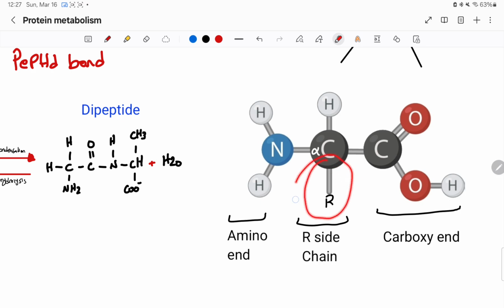And this right here is the only group that is going to differ between all the different types of amino acids that we're going to be talking about. Because it's different between the amino acids, it can determine the structure and the function that the amino acid will have, and in turn the function that the protein will have once we incorporate different kinds of amino acids with different kinds of side chains.